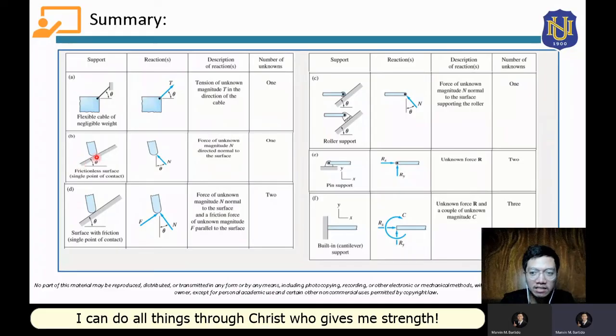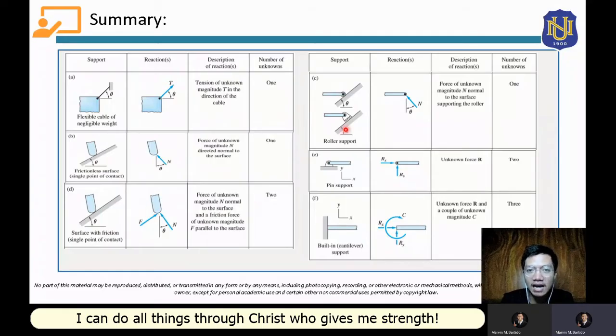The second support is a frictionless surface. For this support, there will only be one reaction force, which is a normal force, applied at the point of contact and perpendicular to the surface. Now for a surface with friction, there will just be an added friction force here.